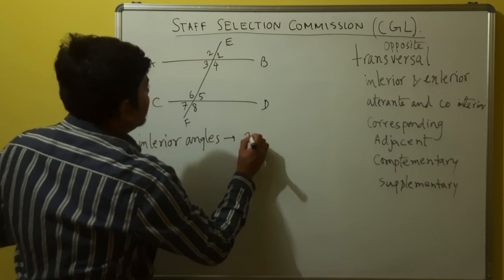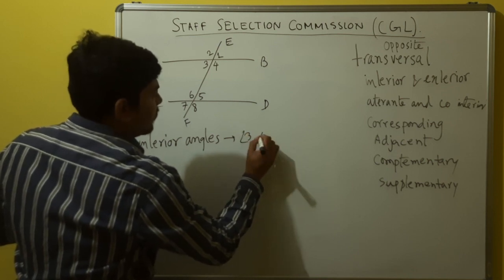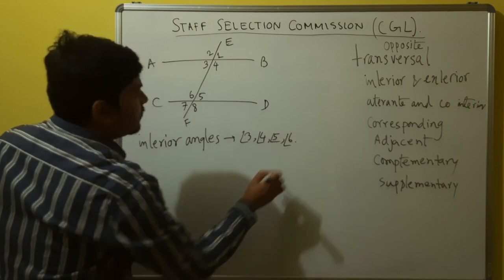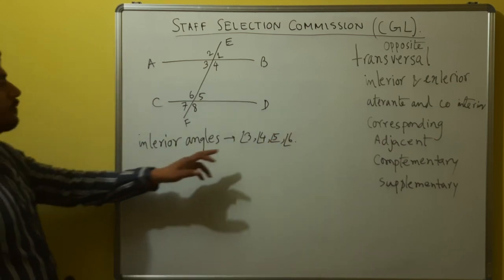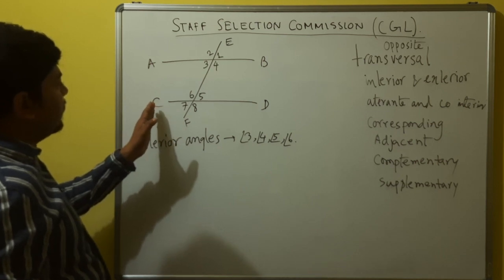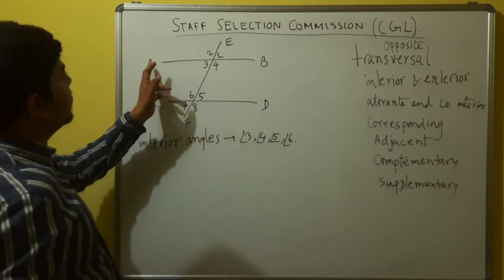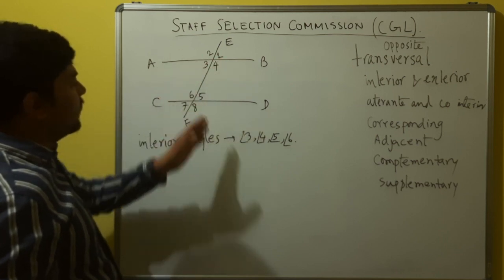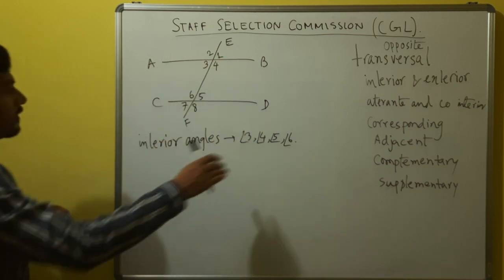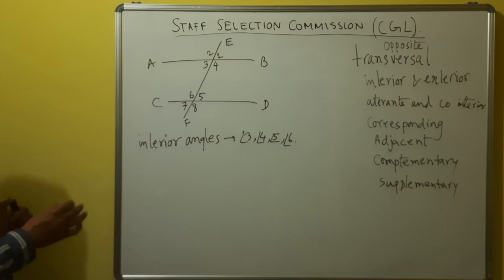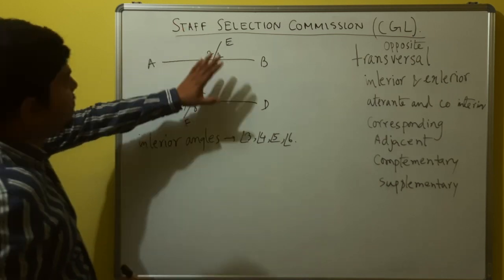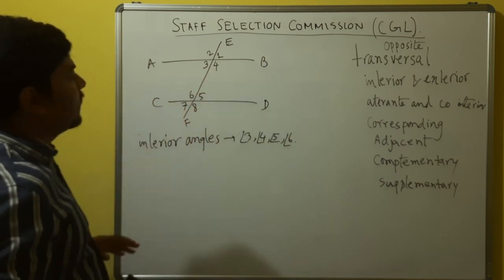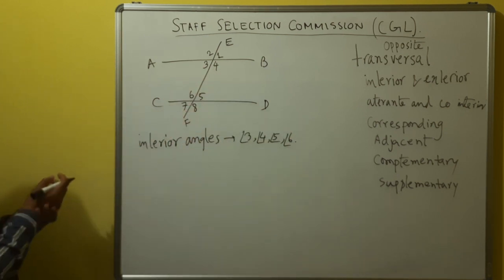So angle 3, angle 4, angle 5, angle 6 are interior angles. Angle 3 could be named with A and then some letters, but I have written only numbers so that we can easily understand. These four, 3, 4, 5, 6, are called interior angles.